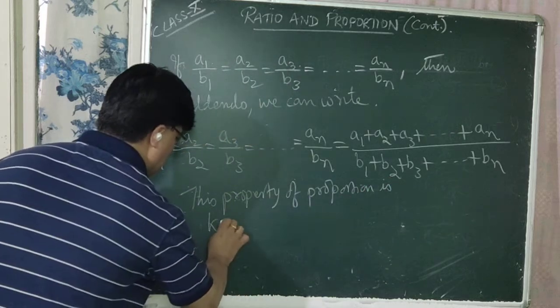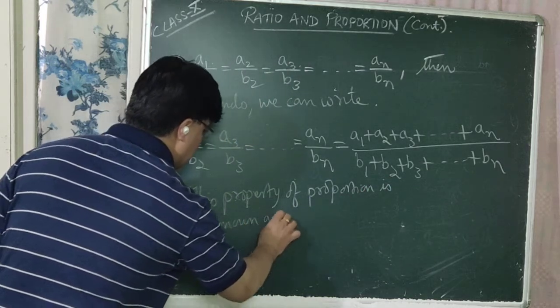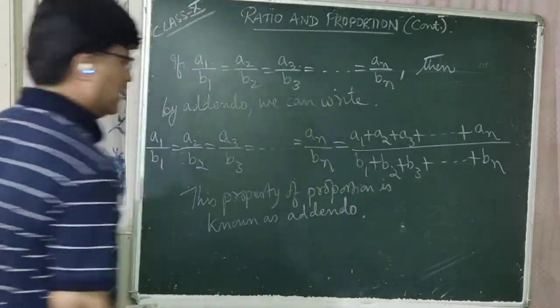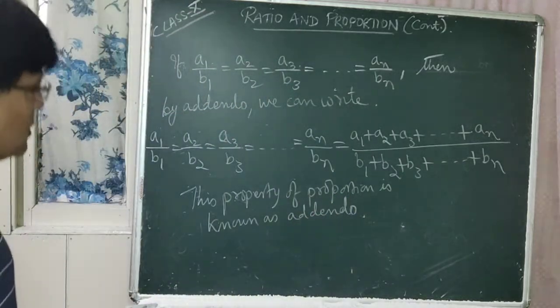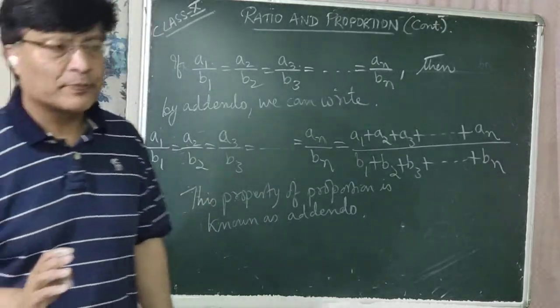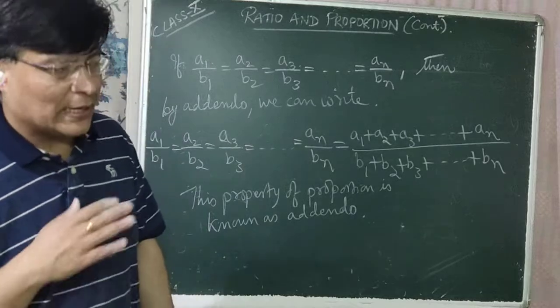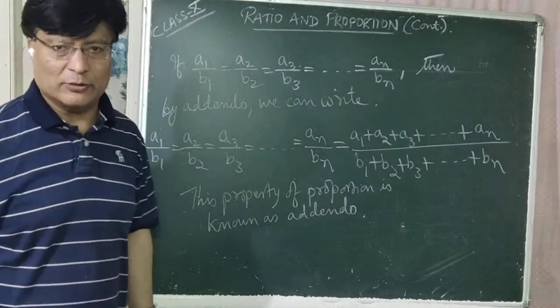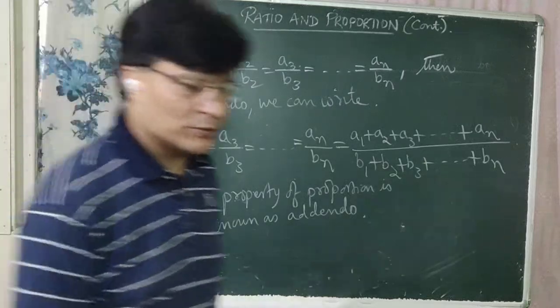Okay. So we have learned the properties of proportion as one is invertendo, componendo, dividendo, and then both componendo and dividendo, and this is the last one, that is your addendo. Now we'll do some problems. Okay.